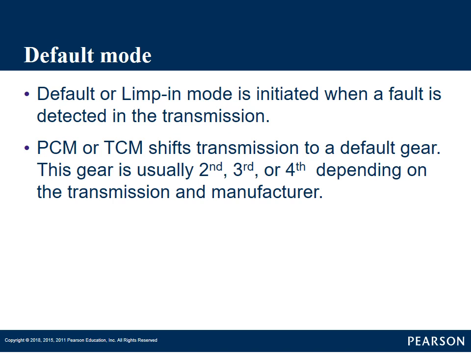This is usually where the PCM or TCM has decided that this could cause damage to the transmission, so they lock it into a certain default gear. This gear is usually second, third, or fourth, depending on the transmission and manufacturer, depending on the application.